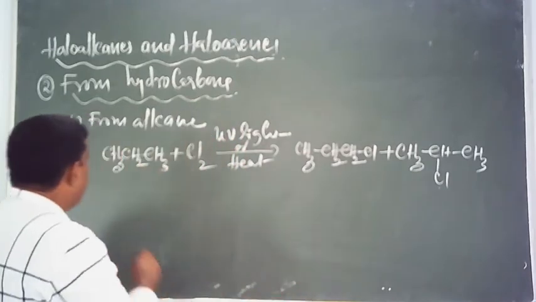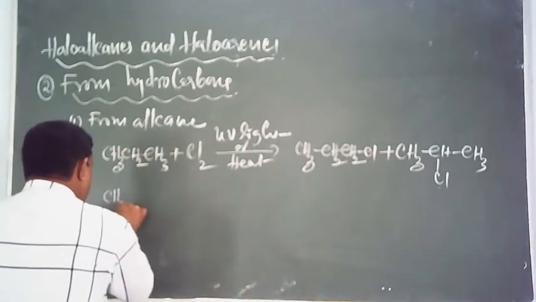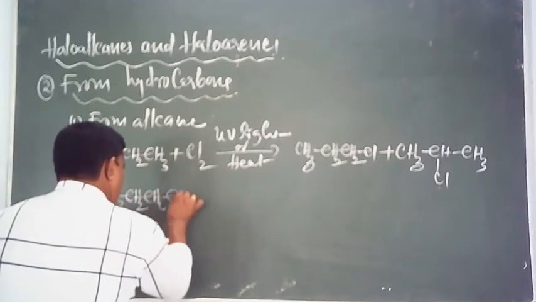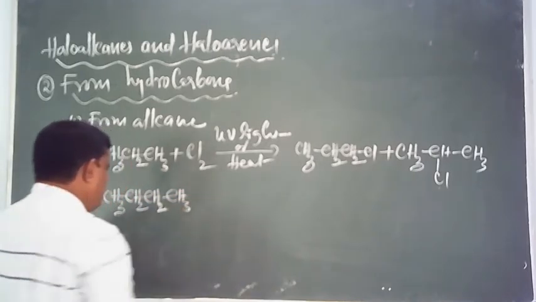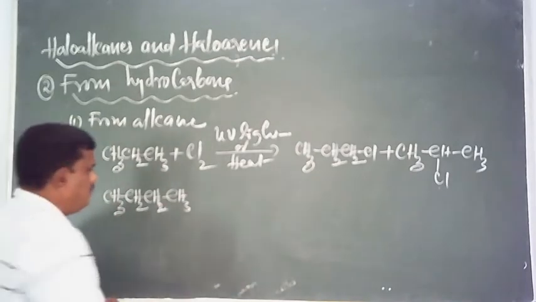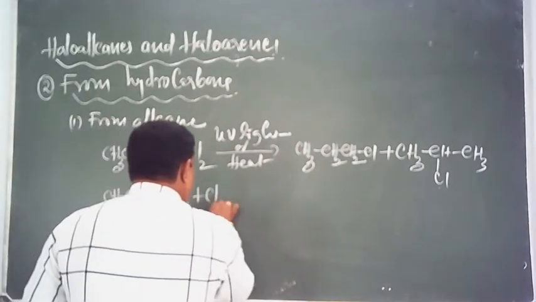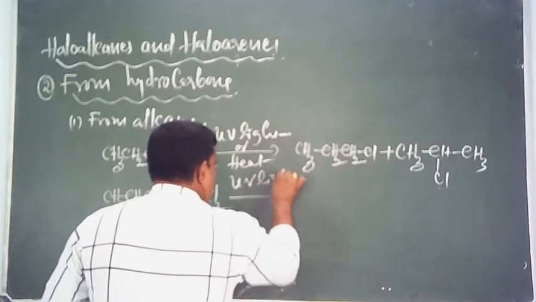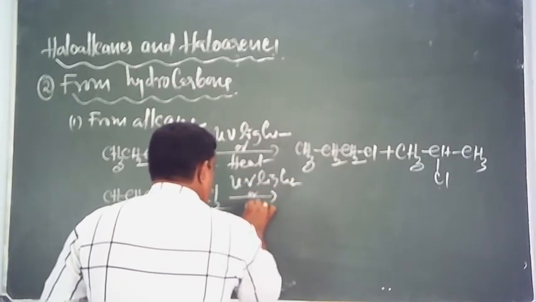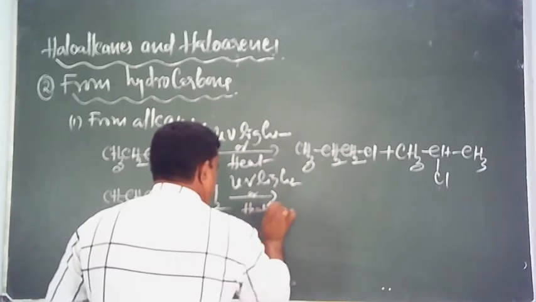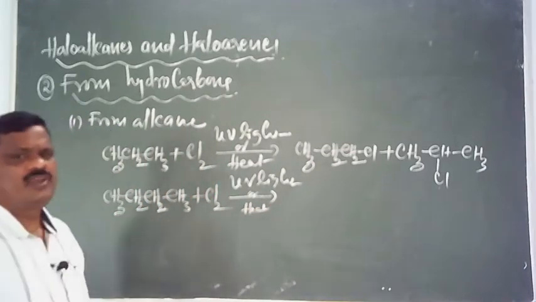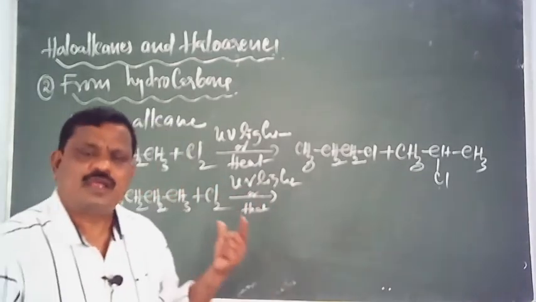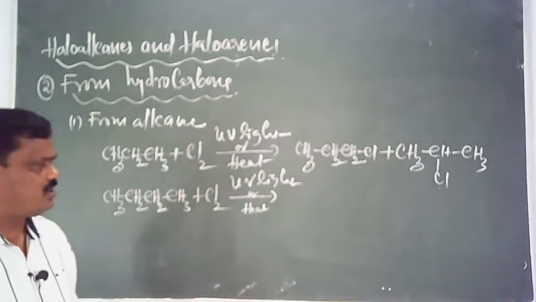Let me give one more example. CH3CH2CH2CH3. This is our butane. When butane is subjected to chlorination in the presence of UV light or the mixture is heated, again we get a mixture of mono, di and poly substituted products.